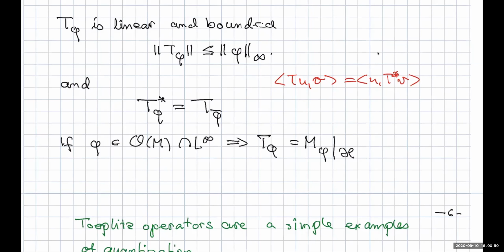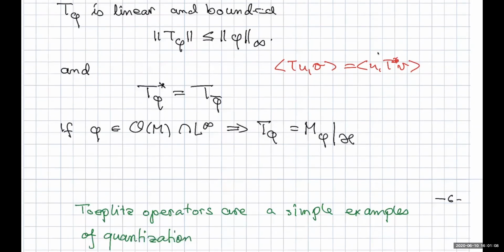So the projection is just the function back again. So in this case, it is just the multiplication operator. But if it is really not a holomorphic function, then it moves it out. So you have to project it back again.